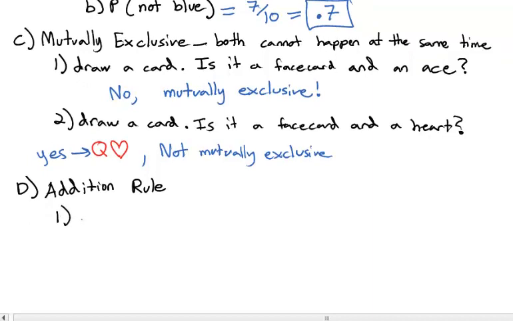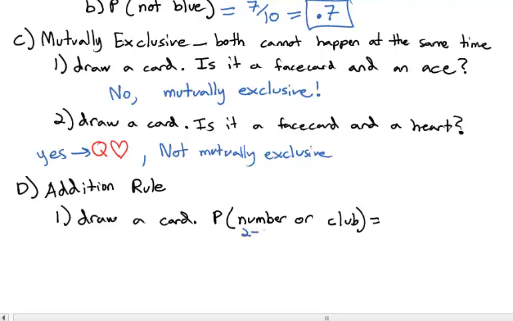So let's say, keeping on this theme, we draw a card from a deck. We want to know the probability that it is a number or a club. Now, by number, we mean the numbers 2 through 10.